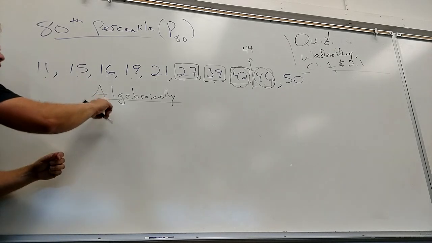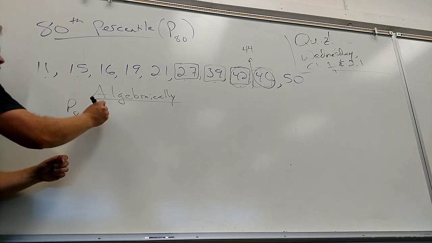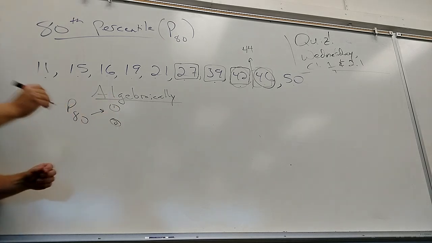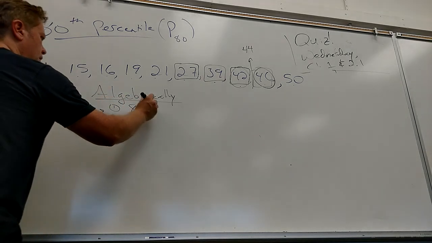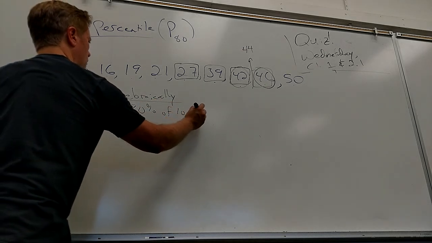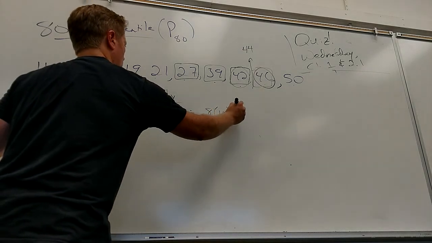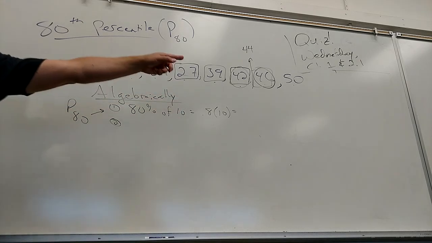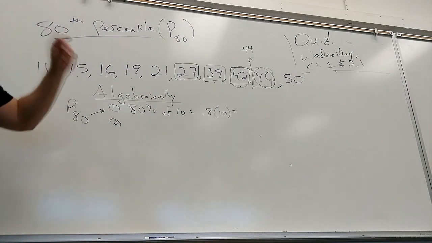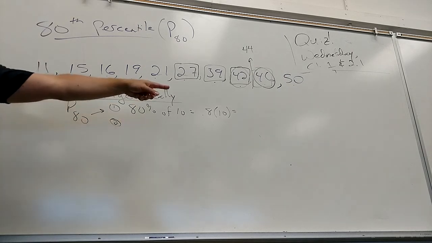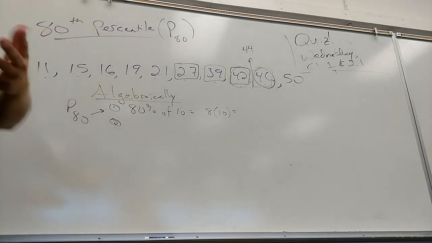So if I want the 80th percentile, there's going to be a 2-step process. The first step is where's the answer, and the second step is go get the answer. So if I do 80% of 10, hopefully you guys know the algebra. It's your incoming prerequisite skills. 80% of 10, so 0.8 times 10 is 8.